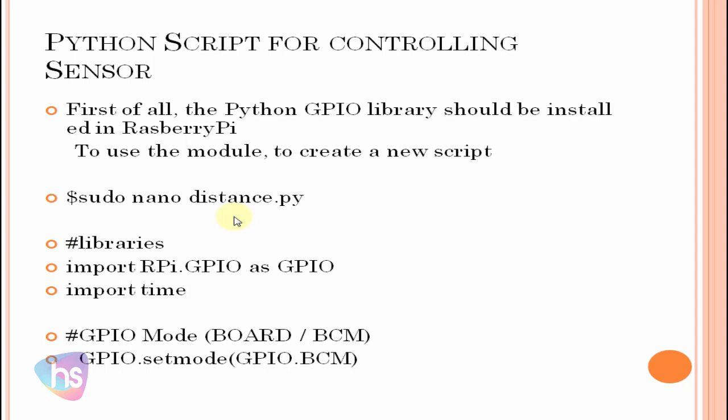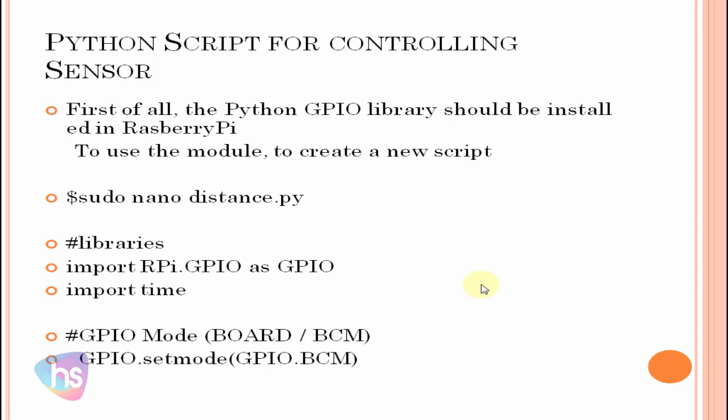Now I am opening the file, and the hash indicates a comment line. I am writing that these are the libraries I am importing into my project. Here, see, import RPi.GPIO as GPIO, and import another library, time. For GPIO mode, there are two modes available, BOARD and BCM.